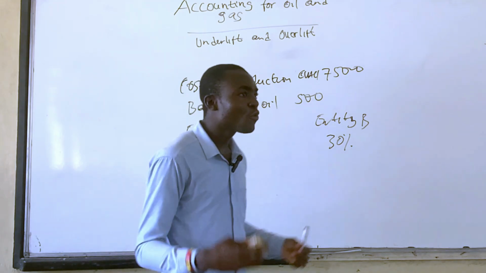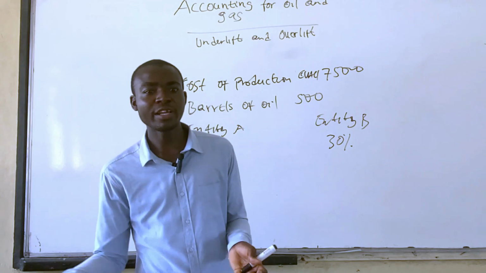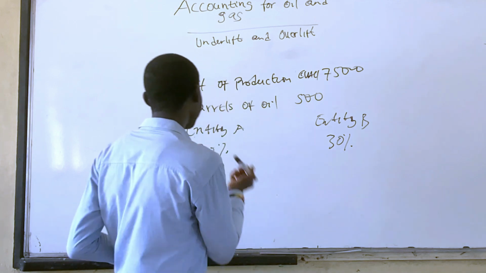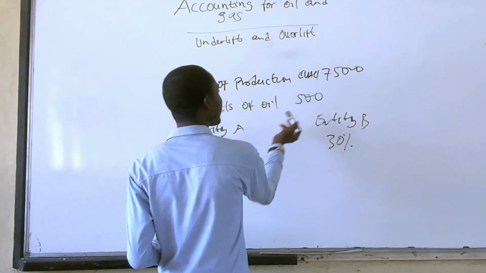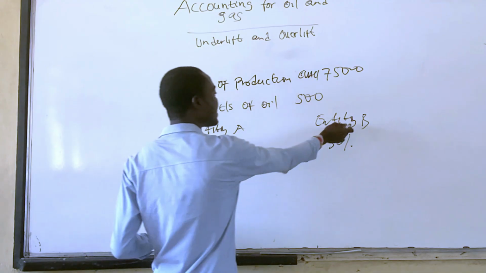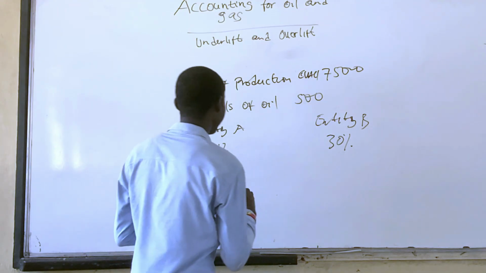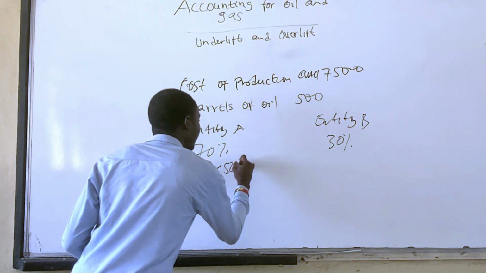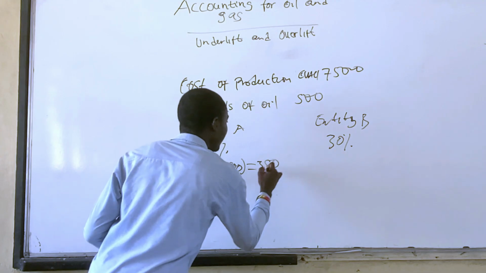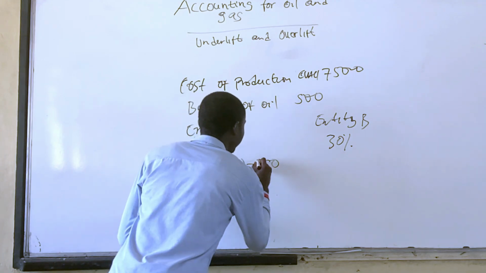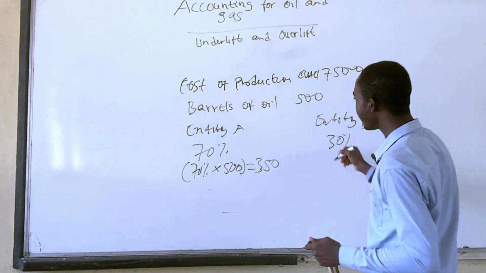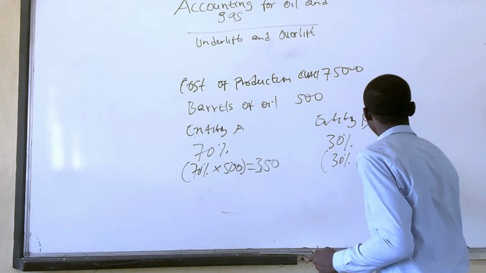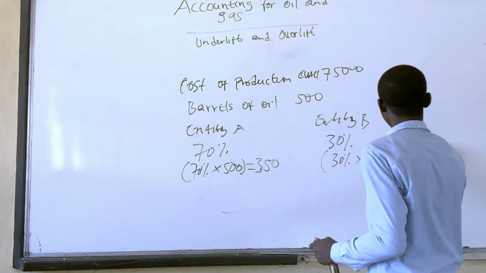So if you want to determine the number of barrels of oil that each entity must take according to their stake, we will just find 70% of the 500 for entity A, and 30% of the 500 for entity B. So 70% times 500 will give you 350, and 30% times 500 will give you 150.